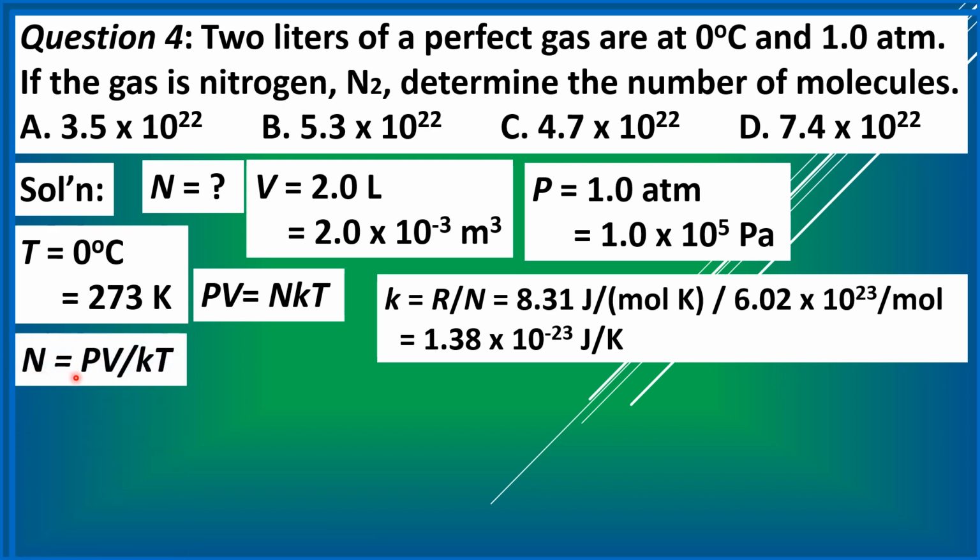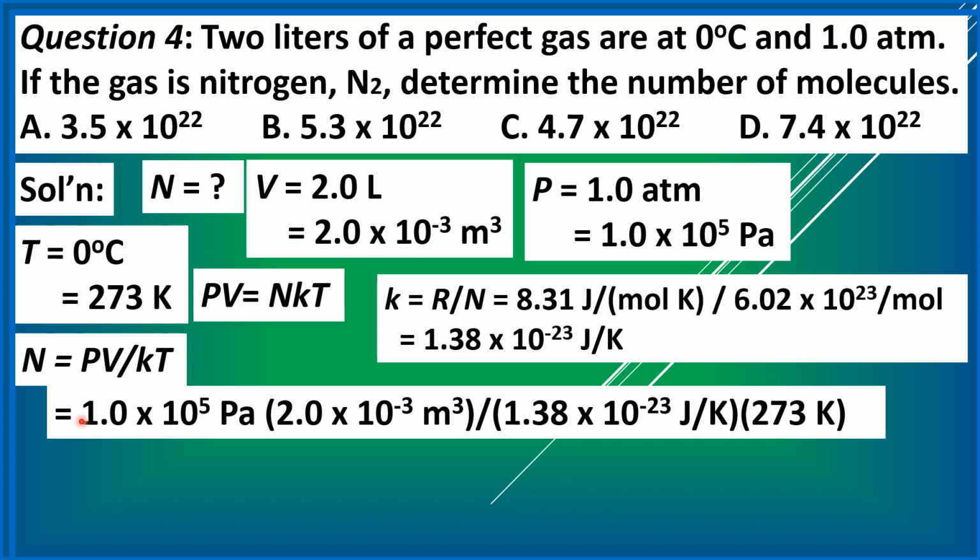Capital N is equal to pressure times the volume divided by the product of k and the absolute temperature T. Substituting the given, we have 1.0 times 10 to the fifth Pascal, that's the pressure, multiplied by the volume, which is 2.0 times 10 to the negative 3 meter cube, and then divide that by the product of the value of k, which is 1.38 times 10 to the negative 23 joules per Kelvin, and the absolute temperature, 273 Kelvin.